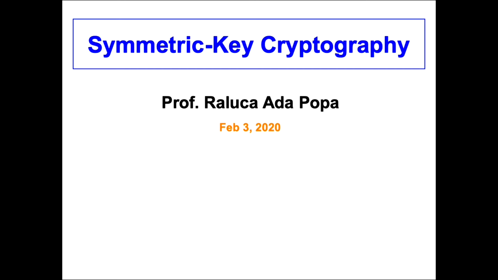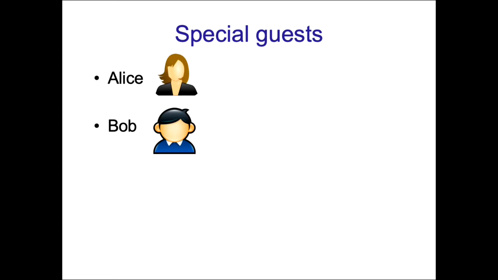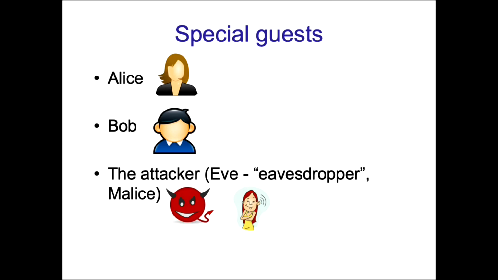So whenever we talk about cryptography, whether it's in an undergrad class or in advanced research papers, we have some special guests. Alice, Bob. They're usually neutral characters. Then there's the attacker. And the attacker can be Eve or Malice.